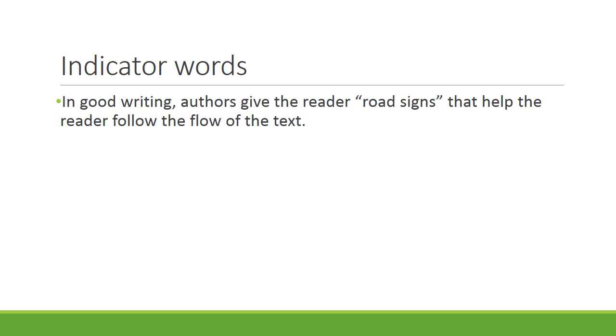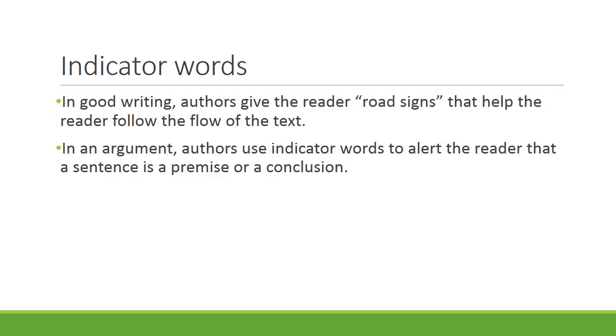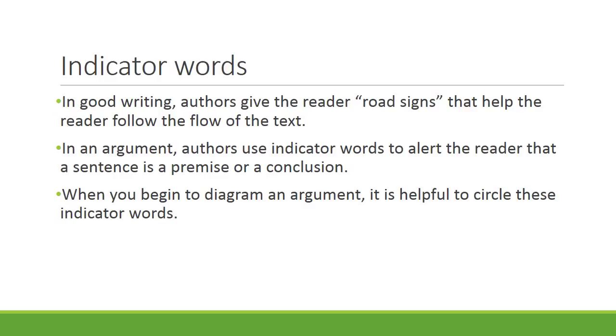In an argument, the way an author might do this is using specific indicator words to let you know that the phrase that follows is either a premise or a conclusion. So when you're beginning to diagram an argument, it's useful to go through and find these indicator words and circle them.